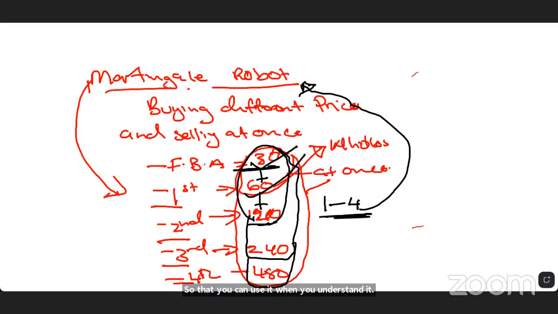Now, but understand at the same time that this only works. Someone says not clear. Raise up your hand. Let me allow you to unmute. What is not clear?